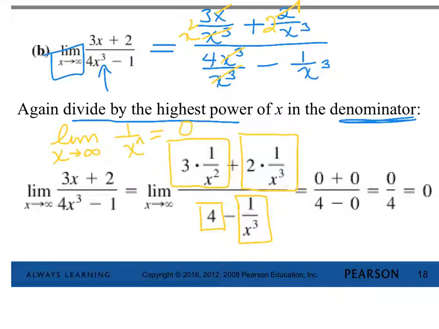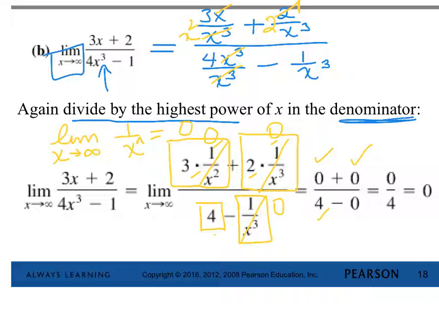Whatever the power is, that limit's equal to 0, which tells me that this is 0, and this is 0, and this is 0, and 3 times 0 is 0, and 2 times 0 is 0.